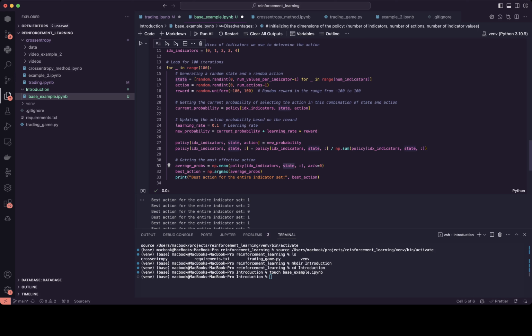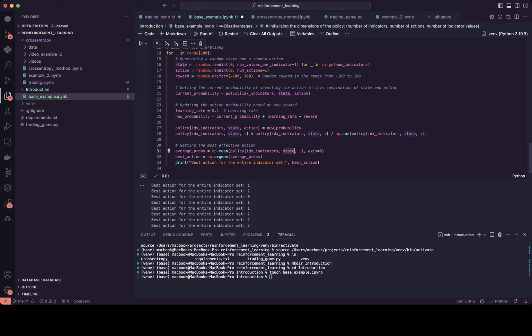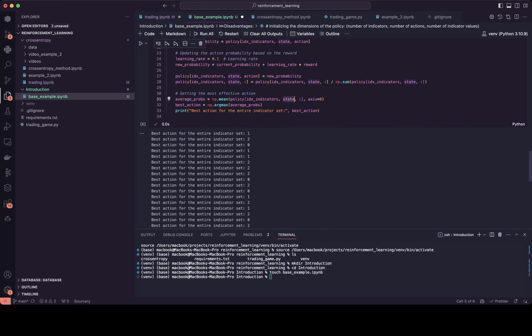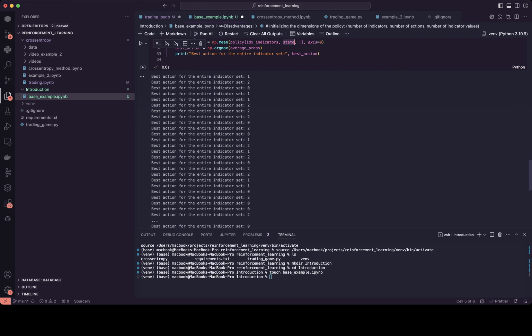We take our probability from actions, and then we calculate the best action from those probabilities, and after that we return what the action is. We have 3 actions, for example, buy, hold, and sell.